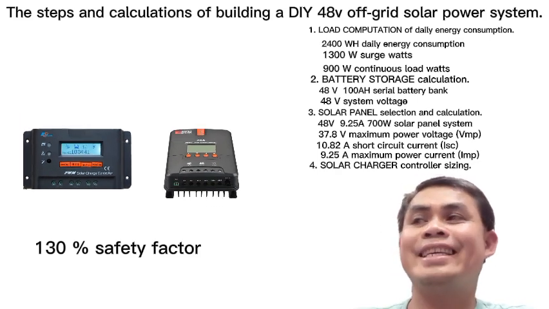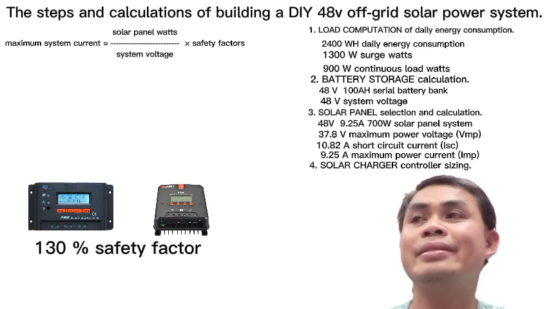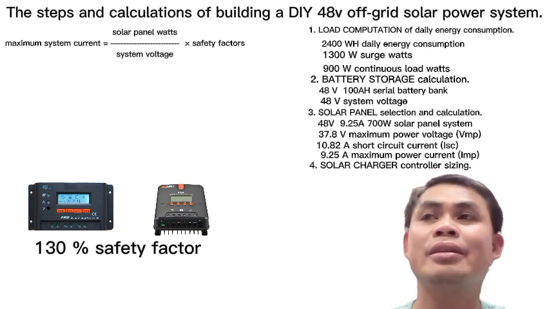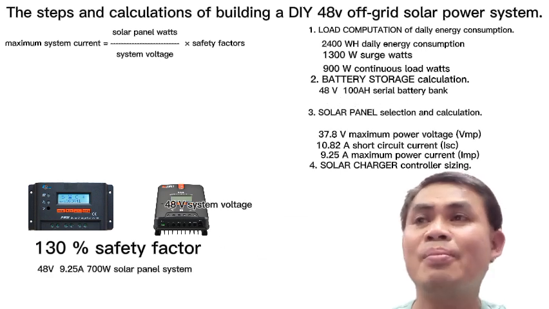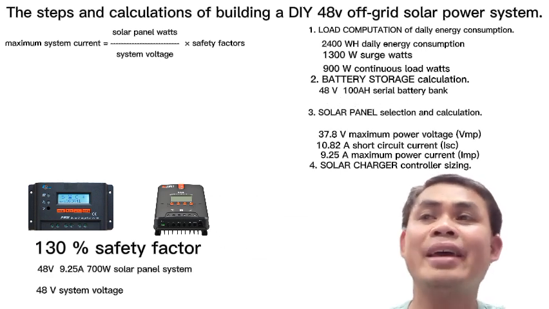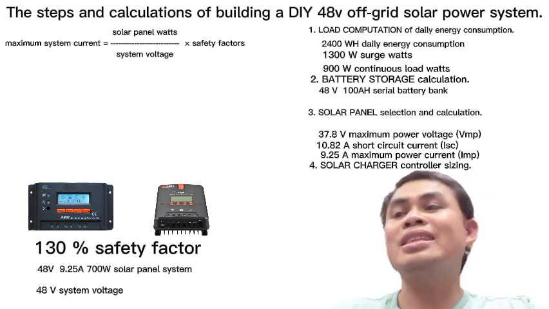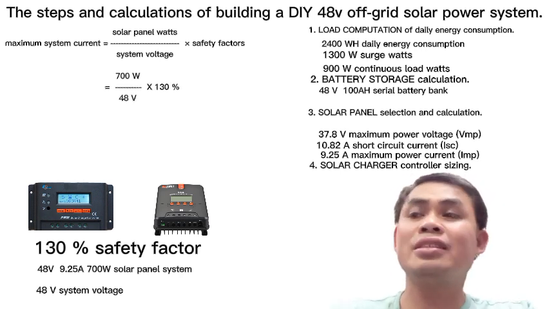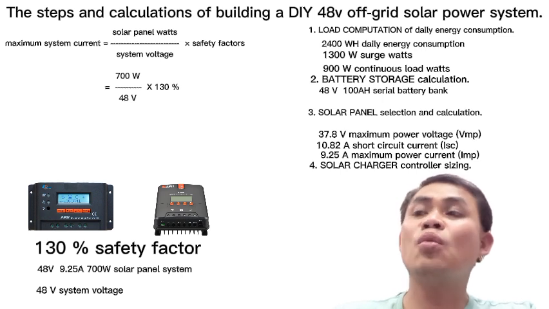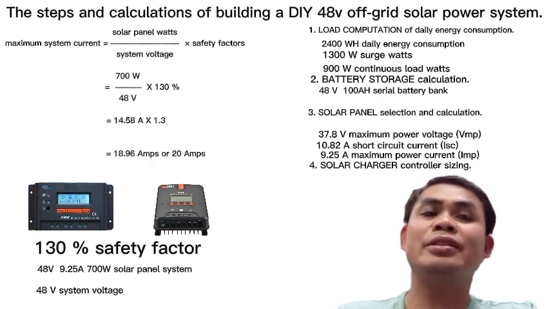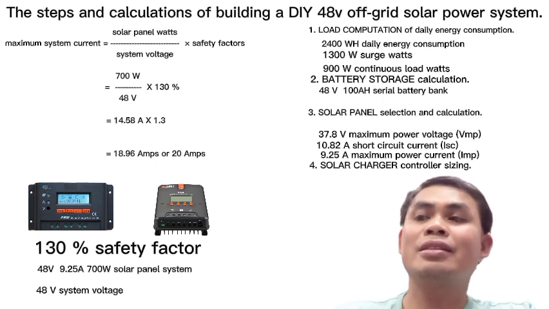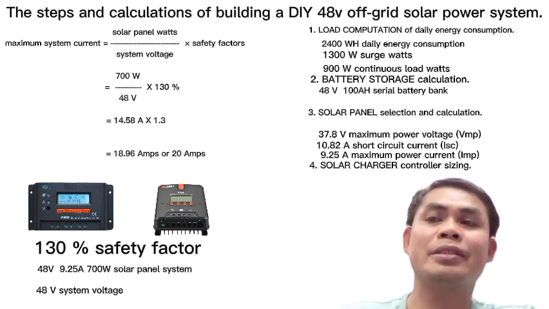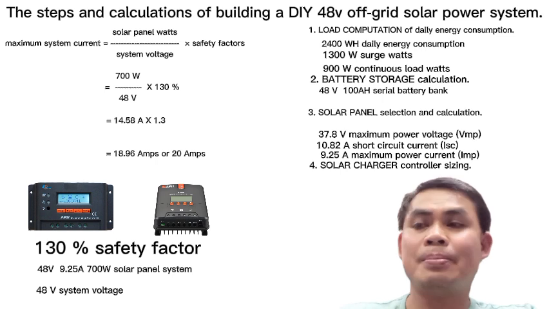The formula is: the maximum system current of the solar charge controller is equal to solar panel watts divided by system voltage multiplied by the safety factor, which is 700 watts over 48 volts, equal to 14.58 amperes, multiplied by 1.3 or 130%, equal to 18.96 amps, or 20 amps.